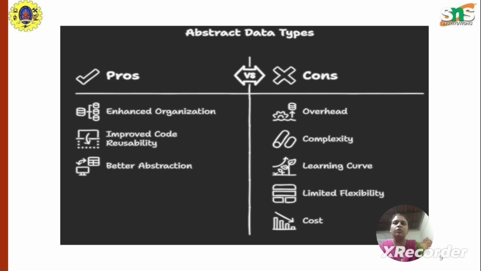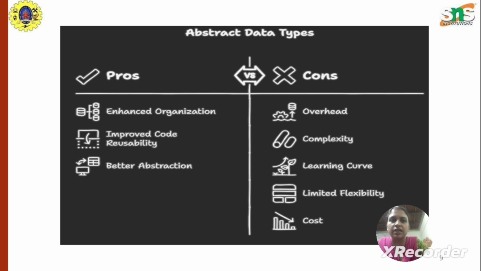What are the disadvantages? The first one is overhead. Implementing ADTs can lead to overhead in terms of memory and processing, resulting in reduced performance. The next one is complexity. ADTs can be complex to implement, especially for large and complex data structures. The next one is learning curve. Learning to implement ADTs takes a good amount of time and effort.